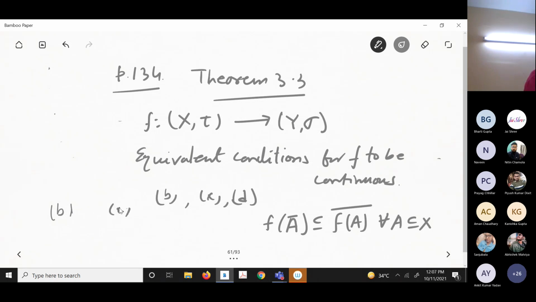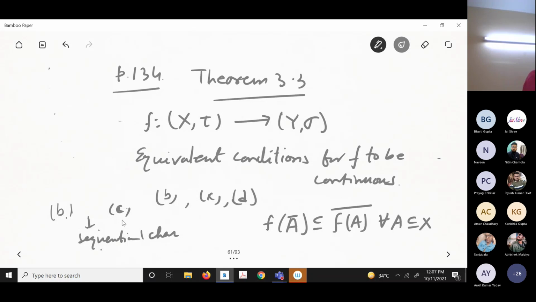You went in between, there was sequential characterization. So we went from B to sequential characterization to C. Here you will have to prove directly B implies C. But proof is easy, that you should read.